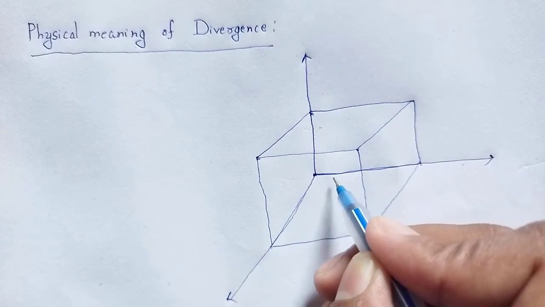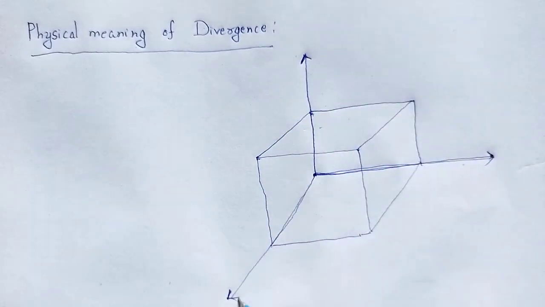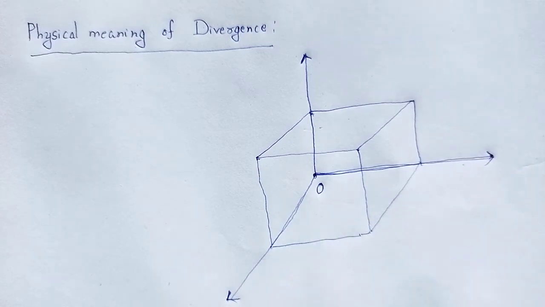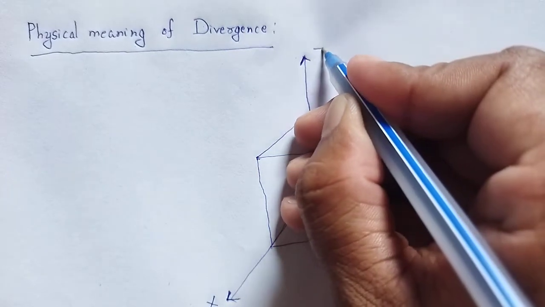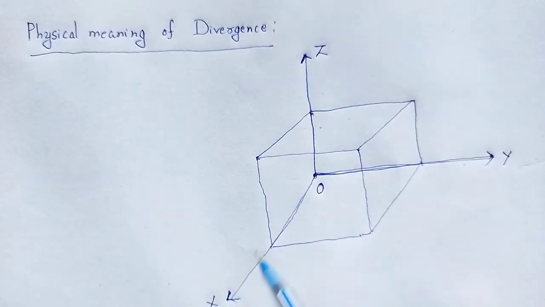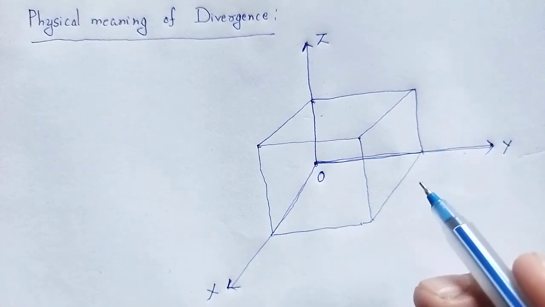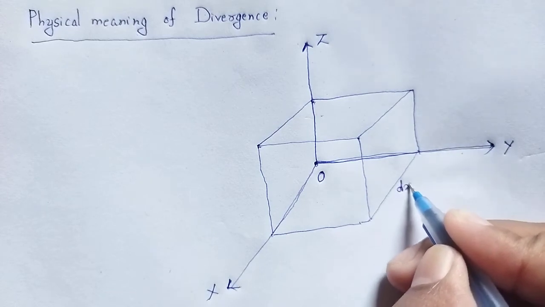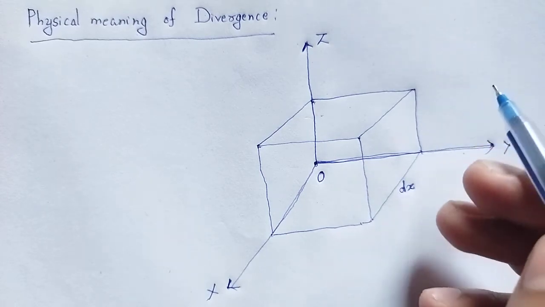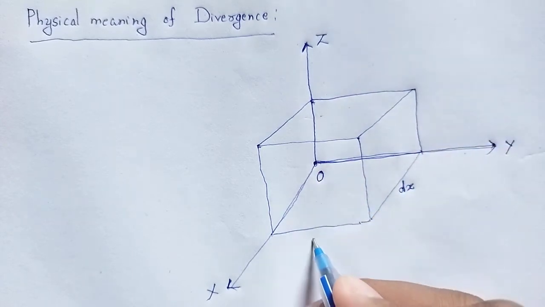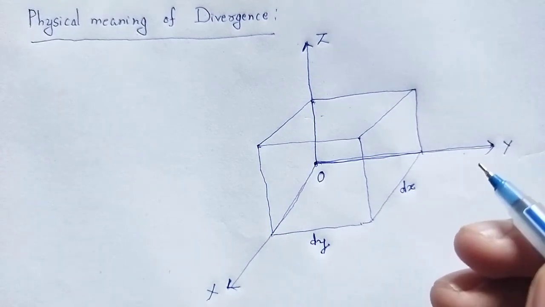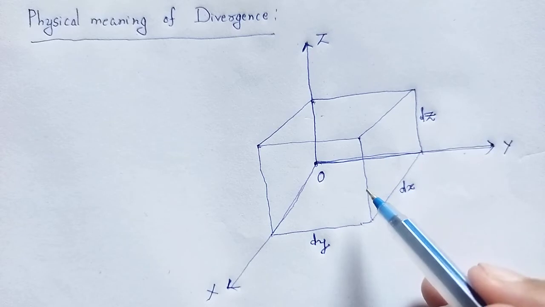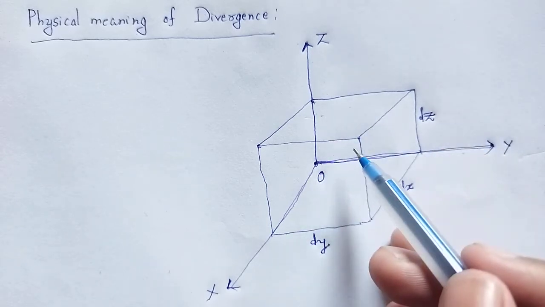Let that be the origin O, this is the x axis, y axis and z axis, and that parallelepiped has edges dx, dy and dz, which are parallel to x, y and z axis respectively.